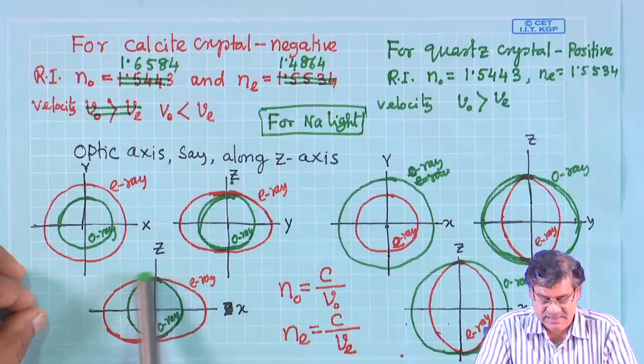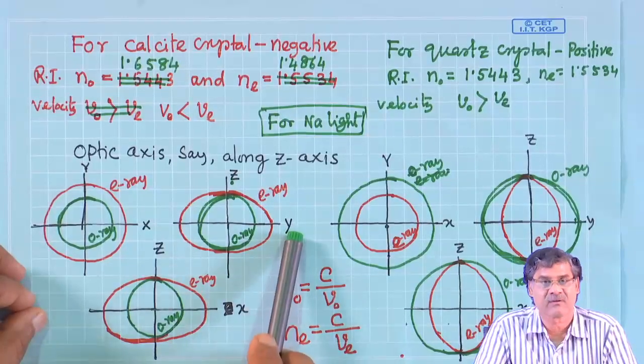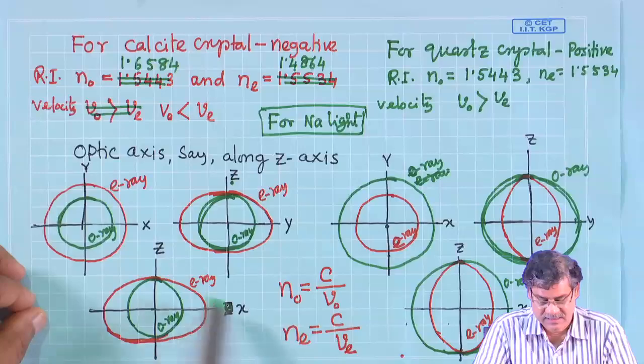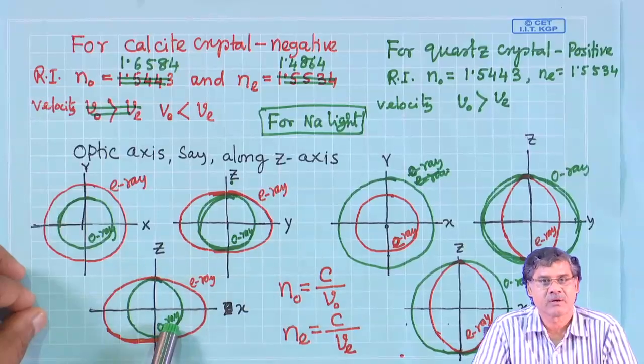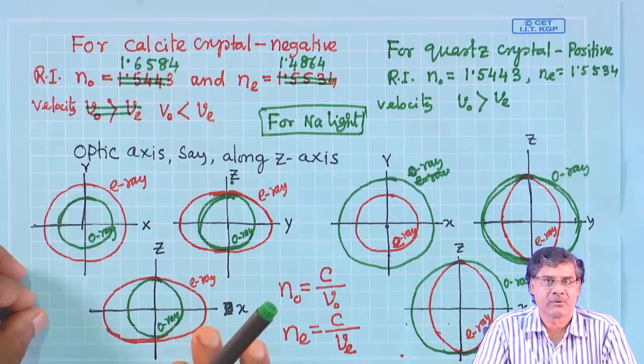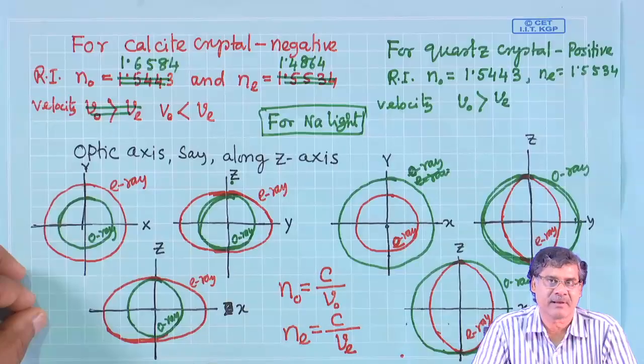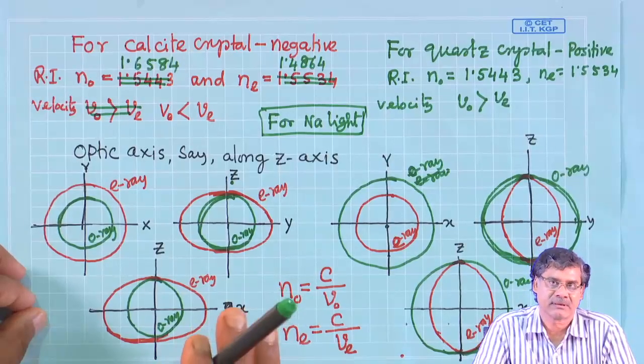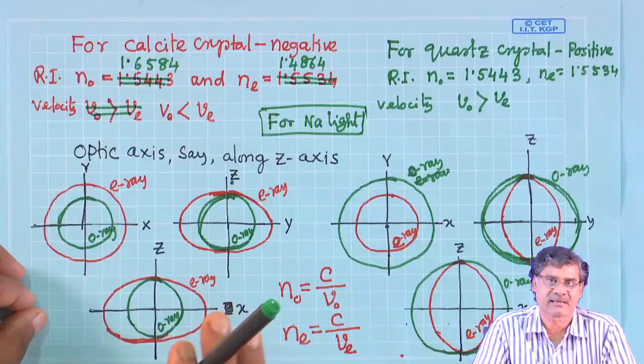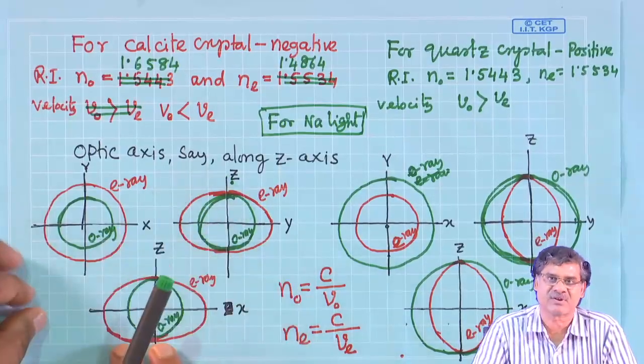Here also the same, if instead of the y axis you consider the x axis, it will be the same, right. So, we can map the velocity of O ray and E ray through the calcite crystal, the uniaxial crystal, that is the calcite crystal. So, that is the picture, right.